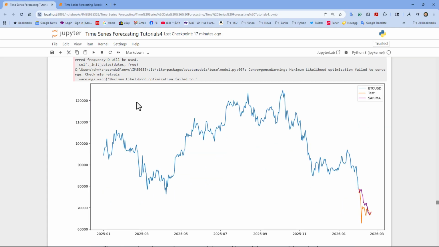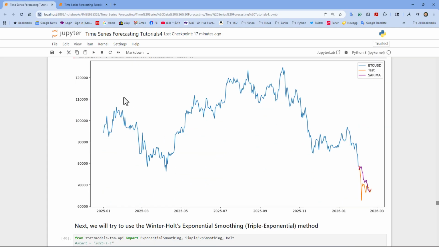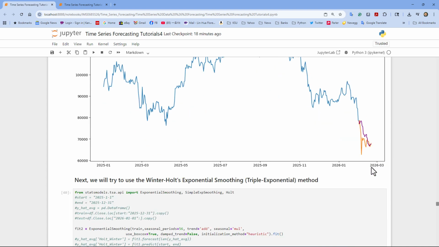You can see that the blue portion is the training data, and the orange portion is the testing data. You see that there is a significant downtrend and it is very volatile in the past few weeks. And you see the SARIMAX model prediction actually captures it fairly well.